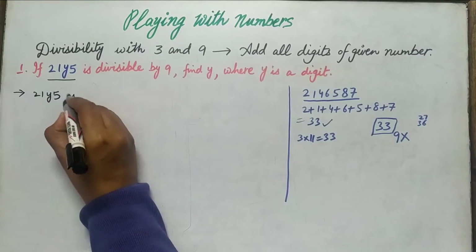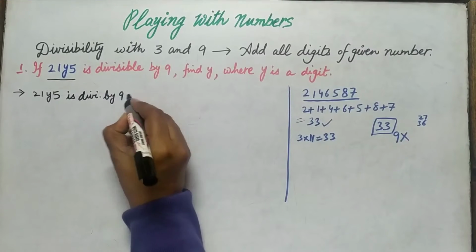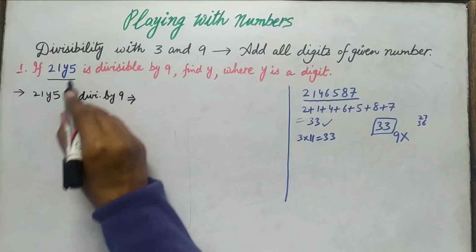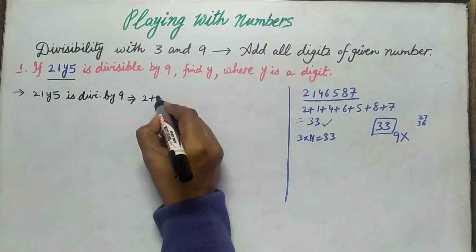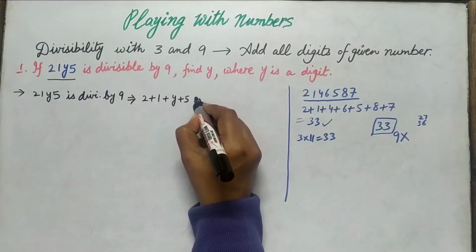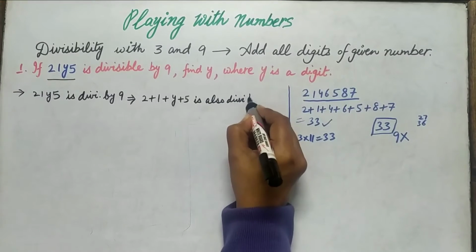21y5. It is divisible by 9 when, by the divisibility rule, the sum of digits is also divisible by 9.